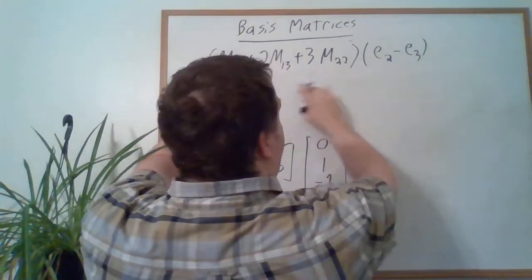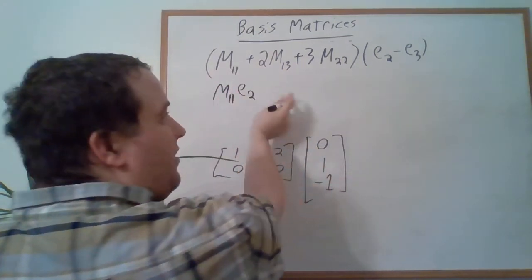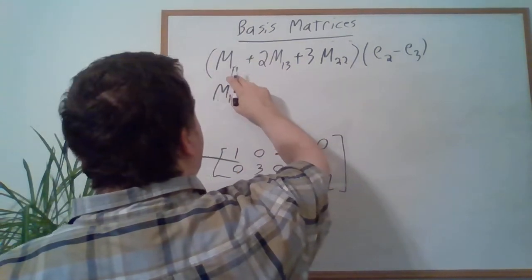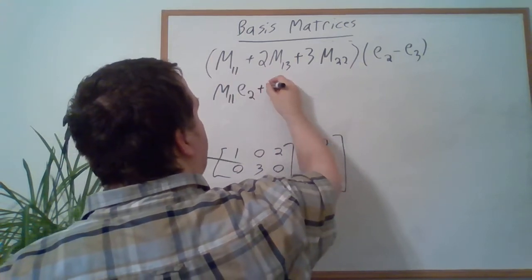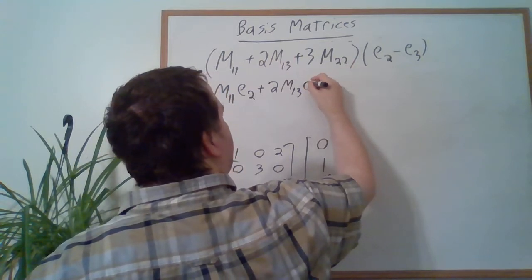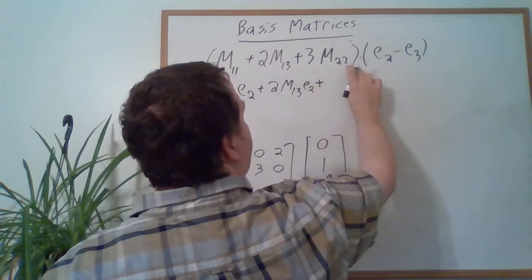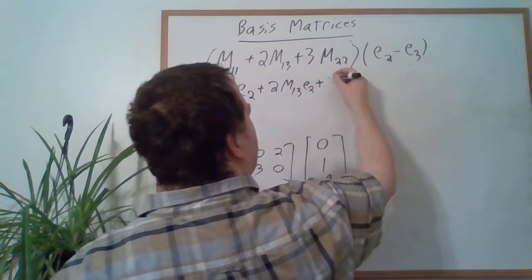So we do M11 times E2. That term is going to be 0, but we'll get rid of it later. We have 2 M13 times E2. Again, that's going to be 0. And then we have 3 M22 times E2.